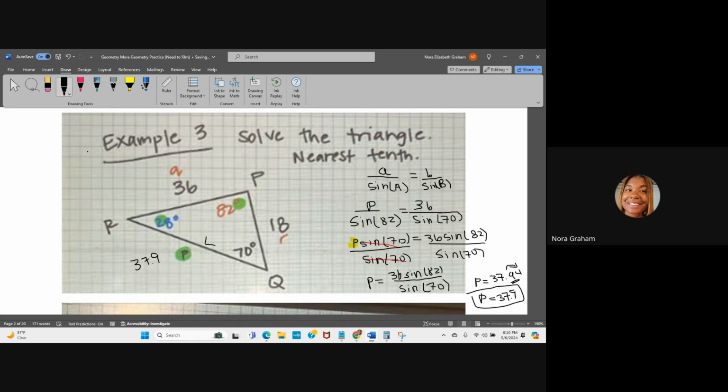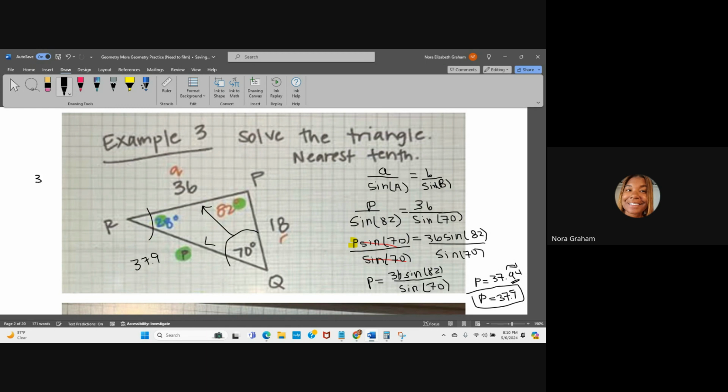All right, and I believe another one they did want us to find angle R. To find angle R, you can use law of sines again and set that up. I'll just set it up for you guys really fast.